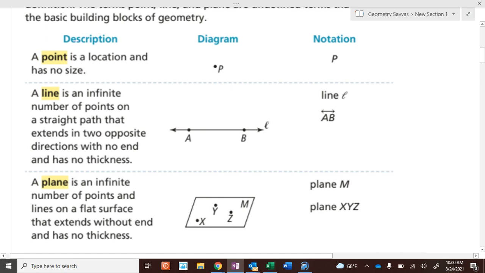Then we get to a line, and a line is an infinite number of points on a straight path that extends in opposite directions and has no end and has no thickness. Basically, it goes on forever in both directions, and that's what a line is.